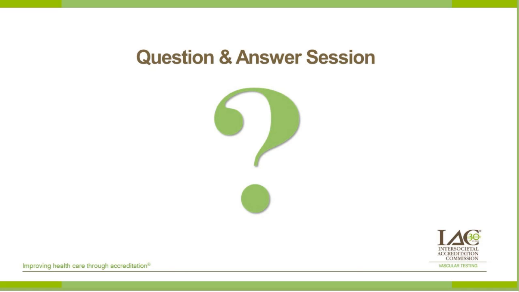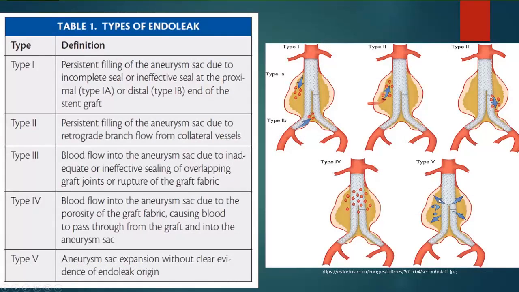The whole purpose of this stent graft is to exclude the aneurysm sac, so it should be getting smaller. If it's not getting smaller and you don't see a visible leak, it could be a type 5, which is the endotension. So there's no visible leak on ultrasound or CAT scan, but the residual aneurysm sac is enlarging.